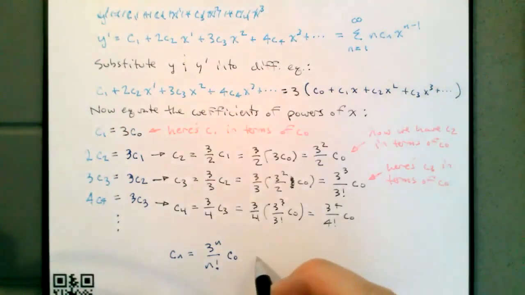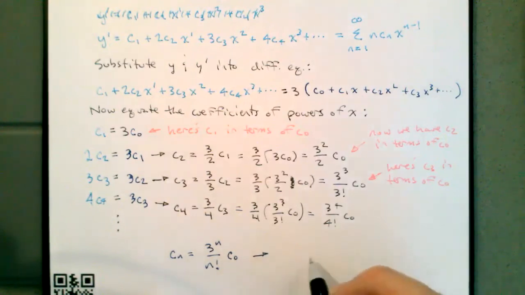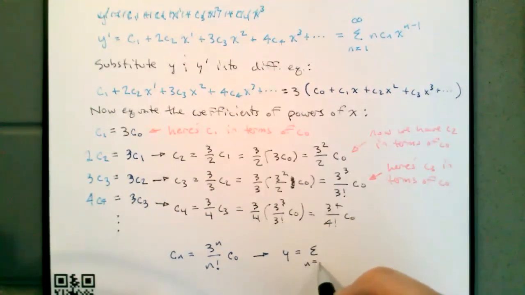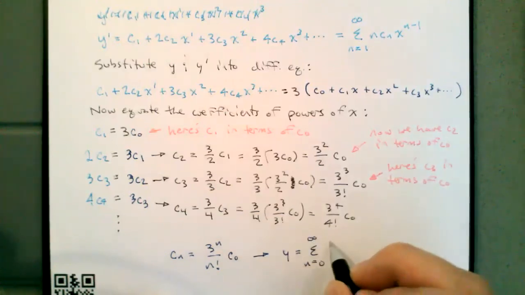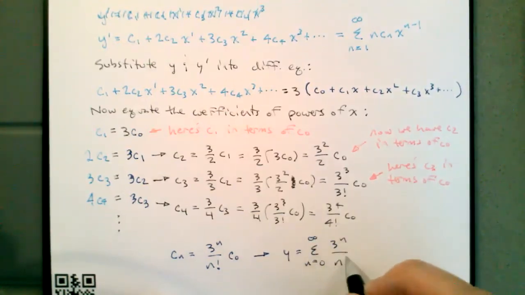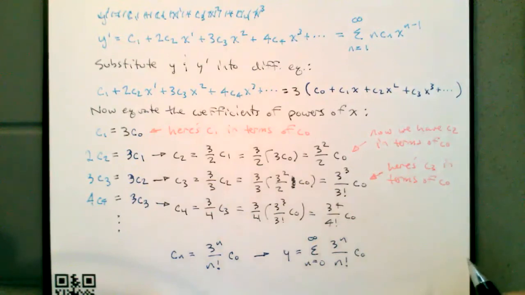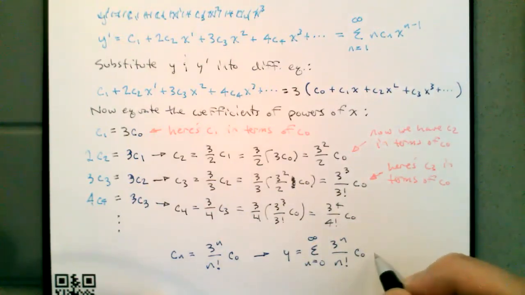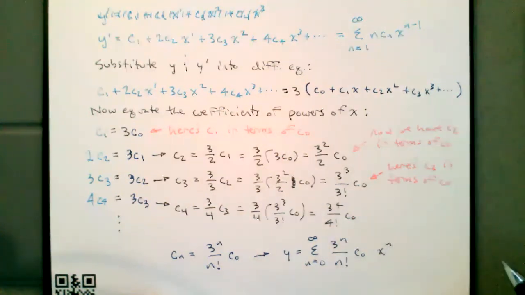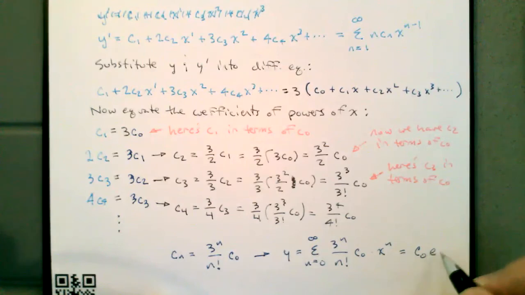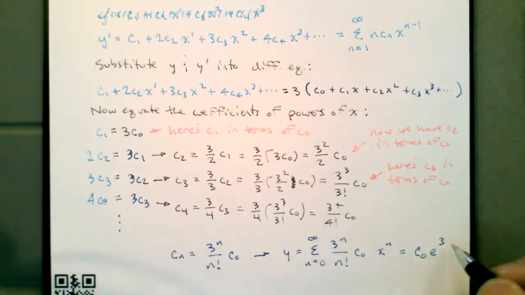But based on this, our solution looks like the sum as n goes from 0 to infinity of 3 to the n over n factorial times C0, oops, 3 to the n times x to the n. And so we can recognize this as C0 e to the 3x.